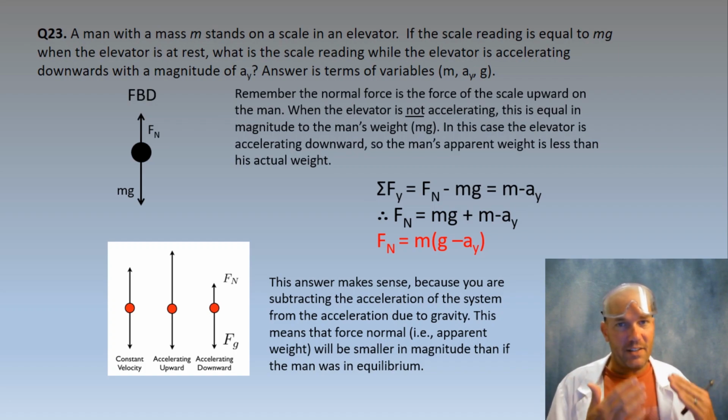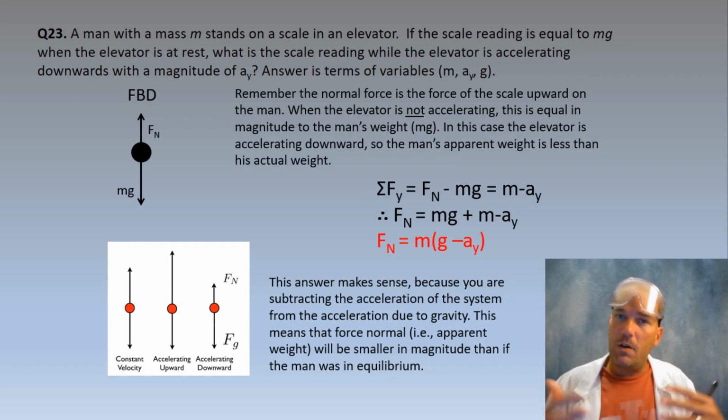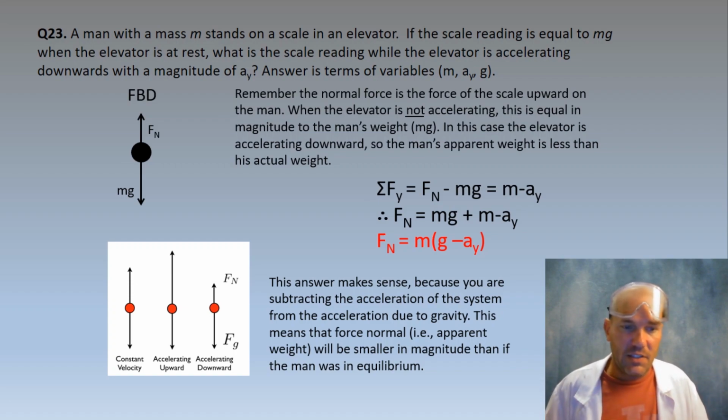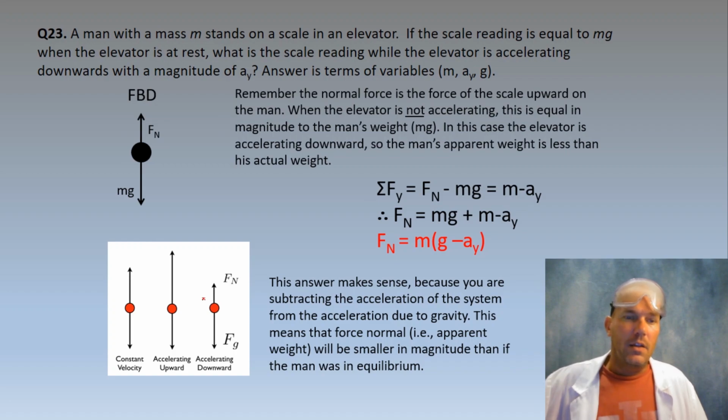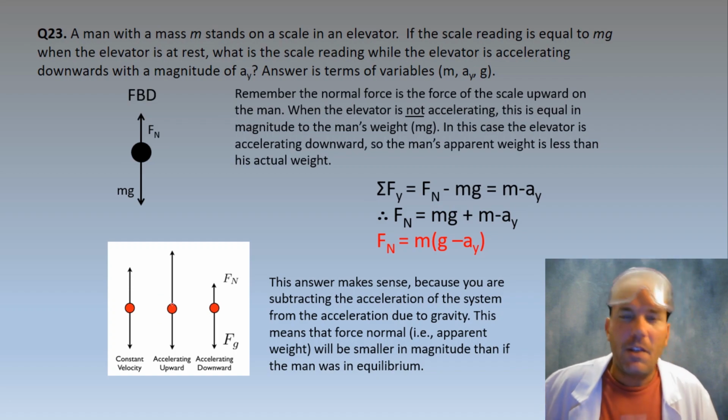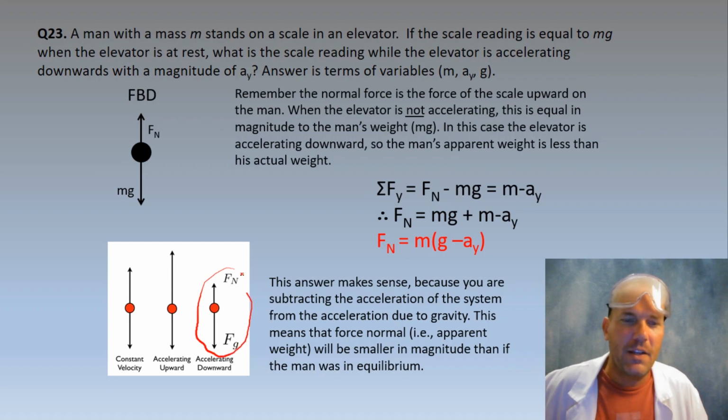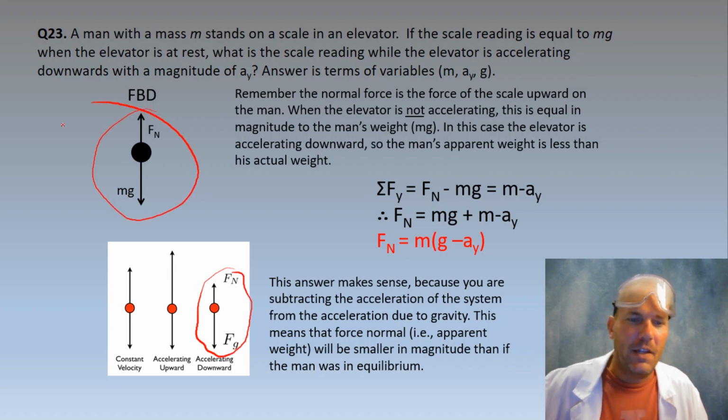There's no net external force, and therefore no acceleration of the system. On the second one here, we're accelerating downward, okay? So accelerating downward, we can look, or excuse me, wow. Accelerating upward. I apologize, class. Downward was what we did in this problem, which looks like this.